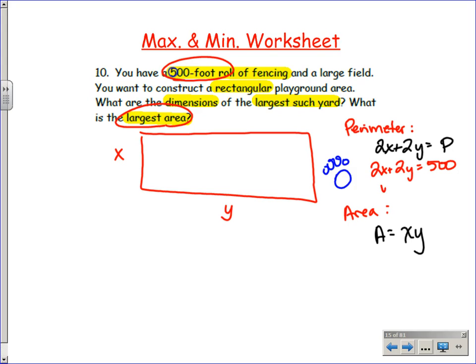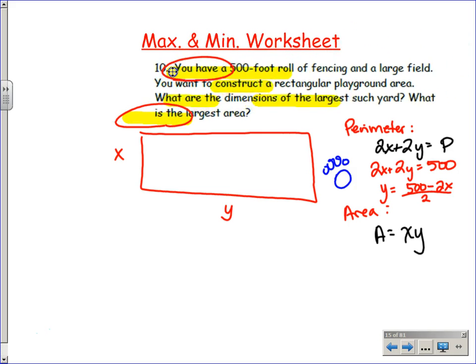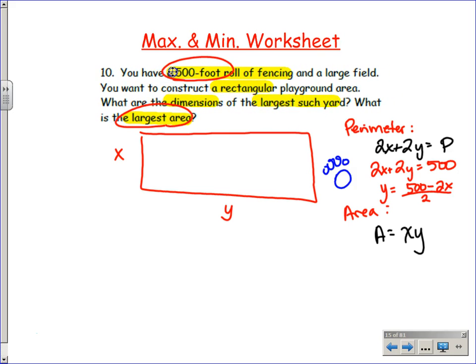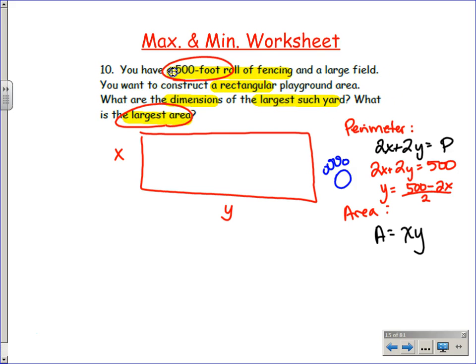What happens if we solve for y? 500 minus 2x all over 2. Isn't that the same thing as y equals 250 minus x?